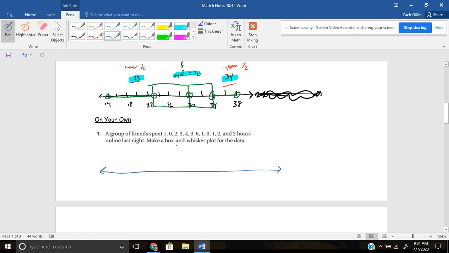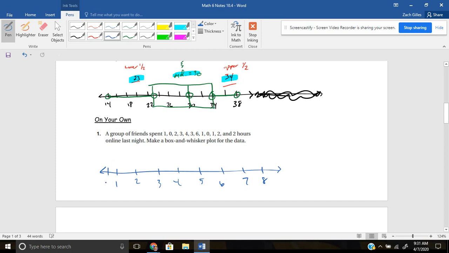And it looks like we go from 0 to 7. I can go one more, 8. It doesn't really matter. Just going by ones. 2, 3, 4, 5, 6, 7, 8. The smallest value was 0.